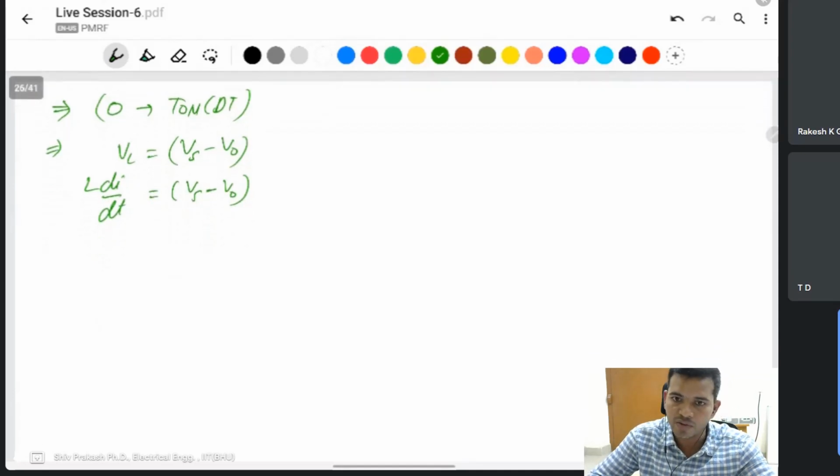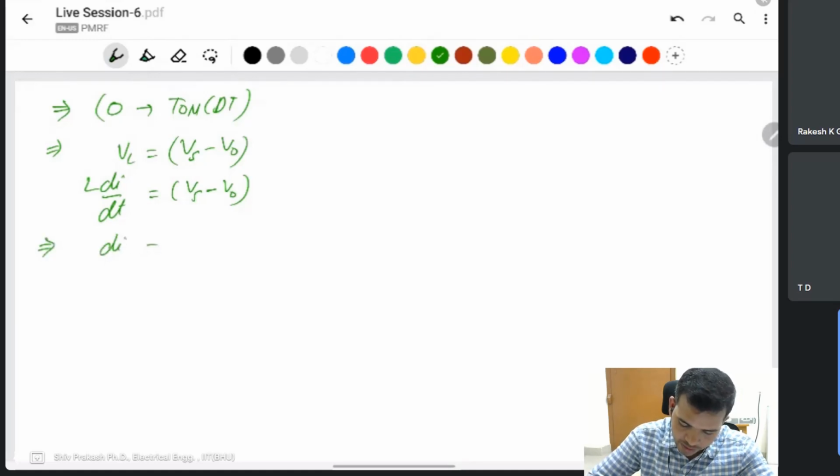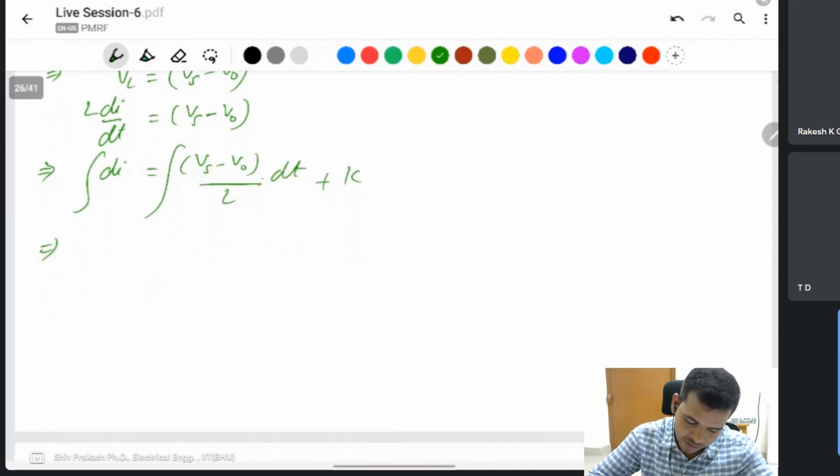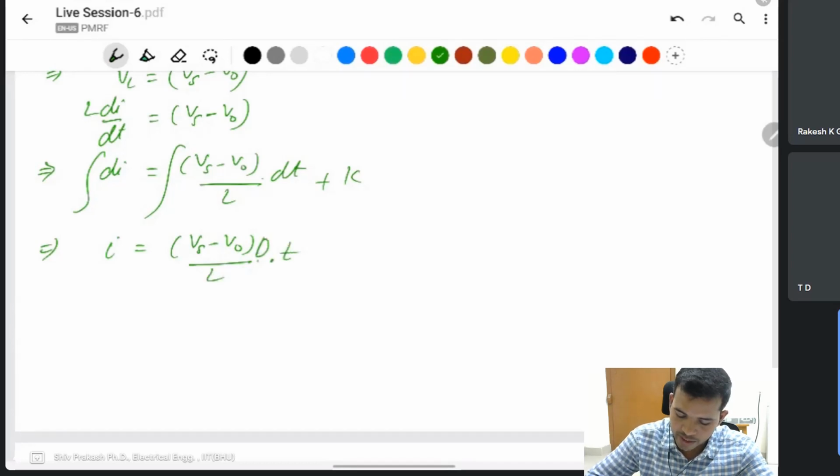So a constant voltage applied through the inductor, then the current will increase linearly. Like di can be taken as Vs minus V naught by L into dt. Integrate this one, and we find some constant. Current will be Vs minus V naught divided by L into some time t plus K.